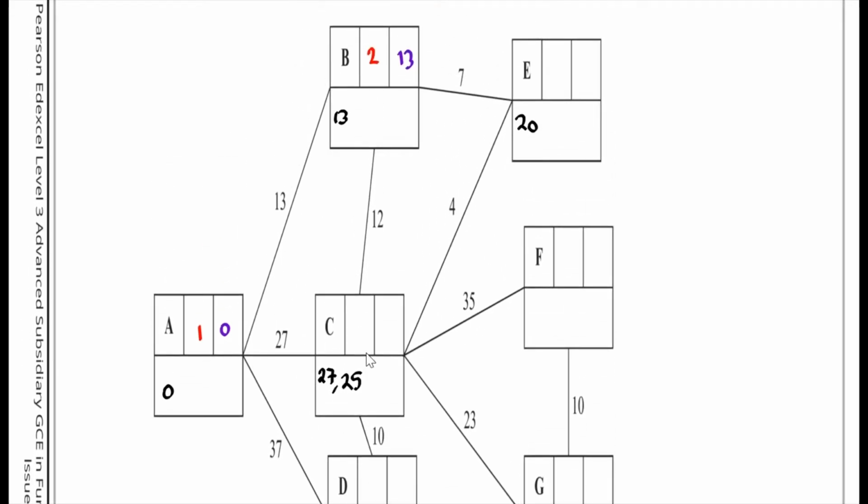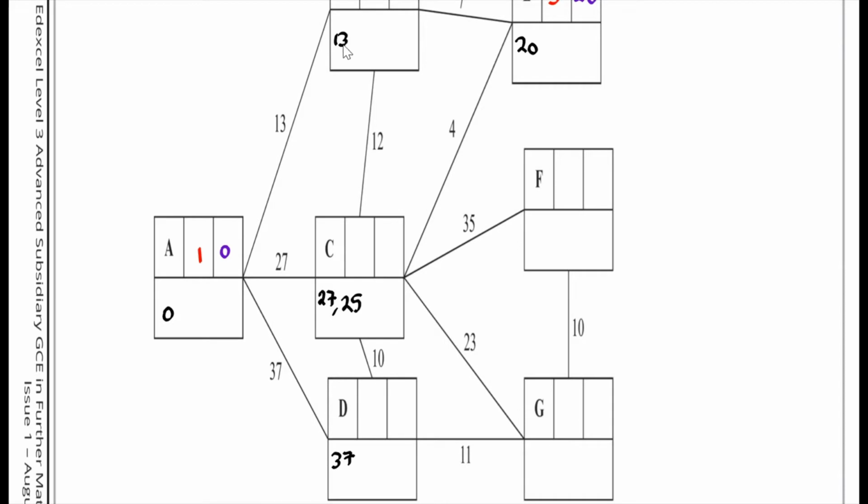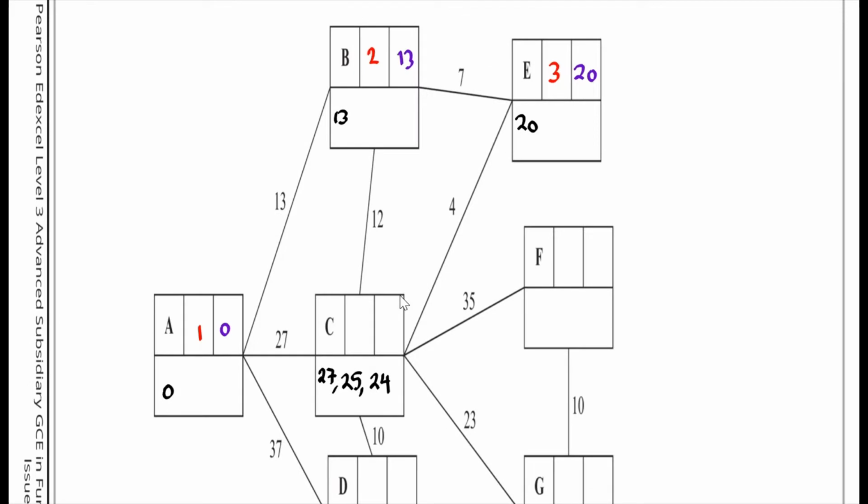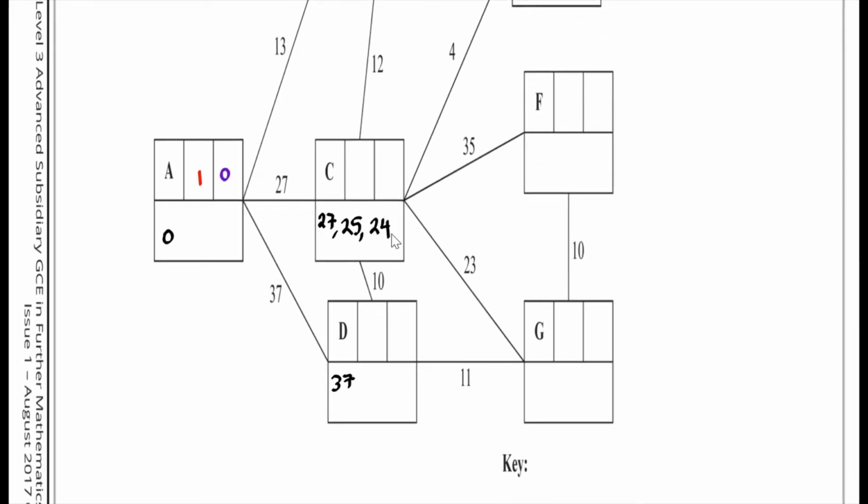Now the smallest of all these is the 20, so we take this 20 inside here, and then we label E with a number 3. 20 plus 4, that's 24. And now you'd find the smallest one to be this 24. So we take the 24 inside here, we label C with a number 4.